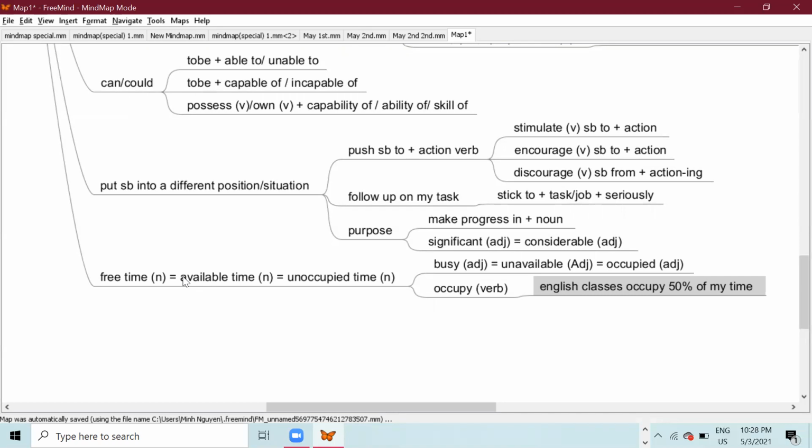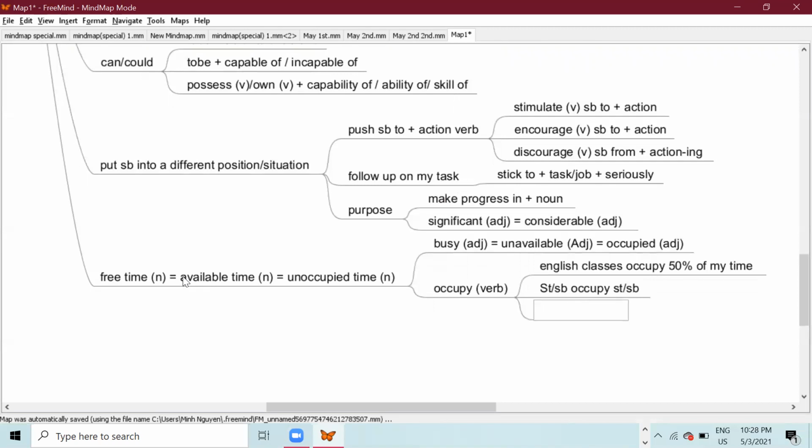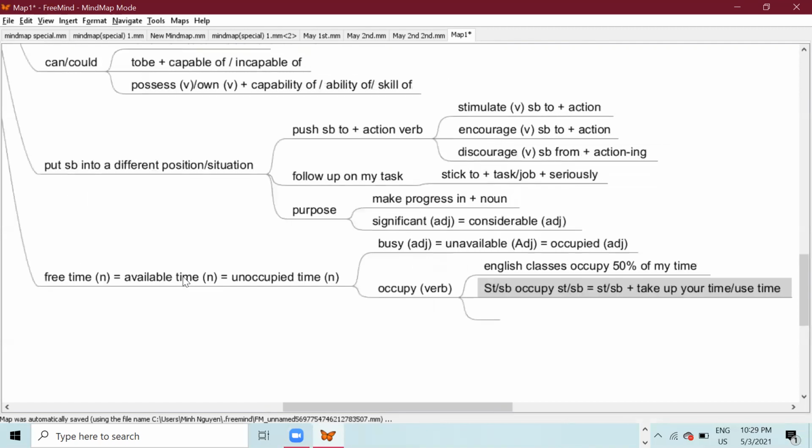So if something or somebody occupies something else or somebody else, it means that those things take up your time. They use your time.